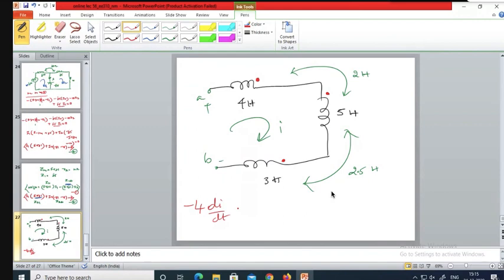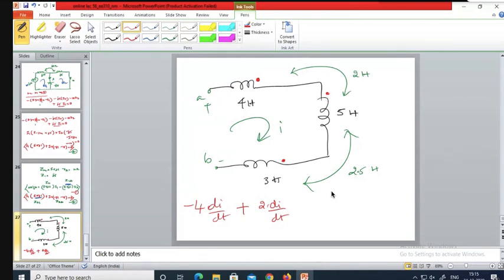Therefore, you will get plus 2 times di by dt. Why? Because the current is leaving this coil but entering this coil. Therefore, the mutual inductance will have an opposing character.